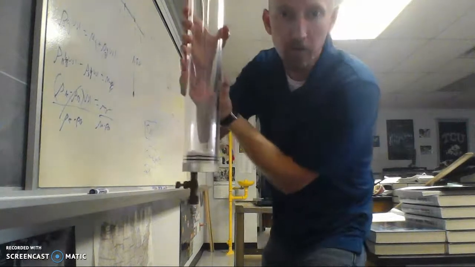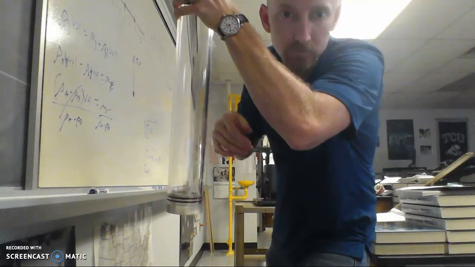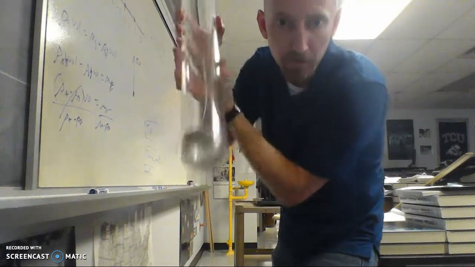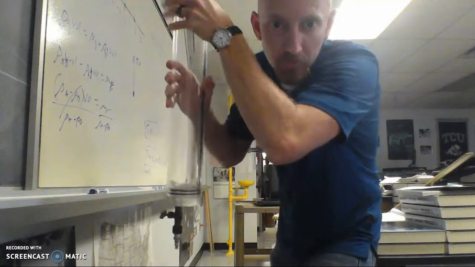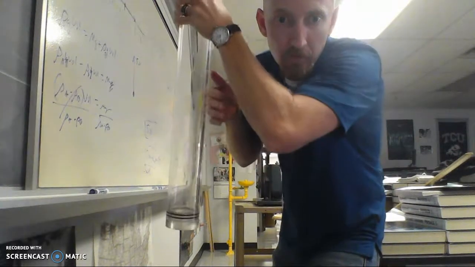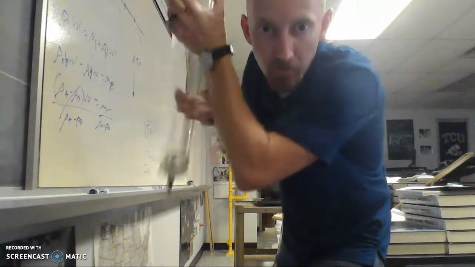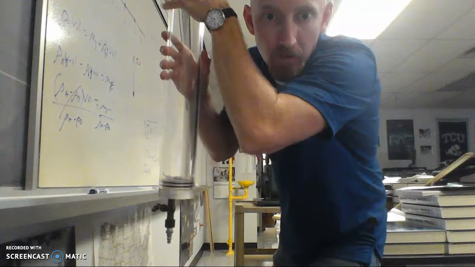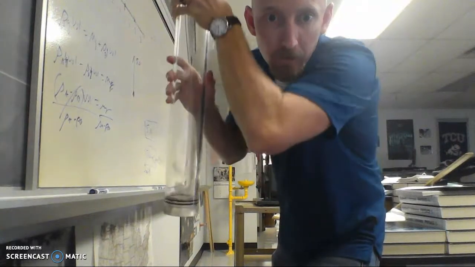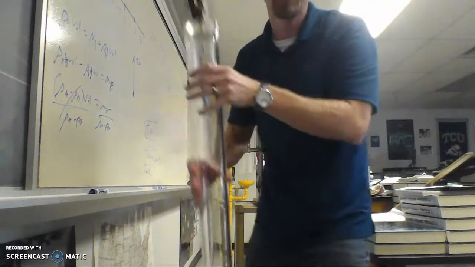The paper doesn't flutter quite as much. Everything gets down at the same time, see? It all gets down there. The penny kind of bounces, so it's hard to tell, but everything should get down there at the same time.